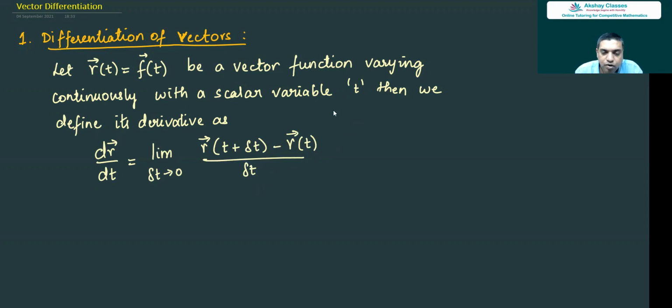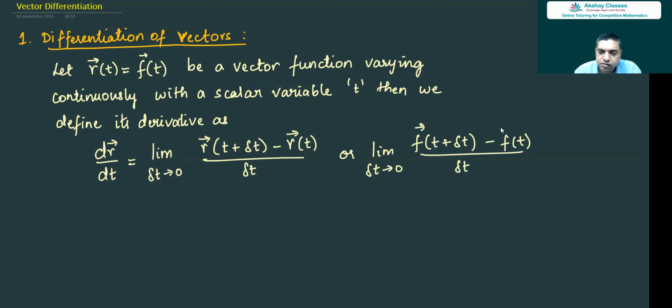Or this also can be written in terms of f: limit delta t tends to 0, f of t plus delta t minus f of t over delta t. These are vector functions. So the derivative is also a vector. So you get a vector.